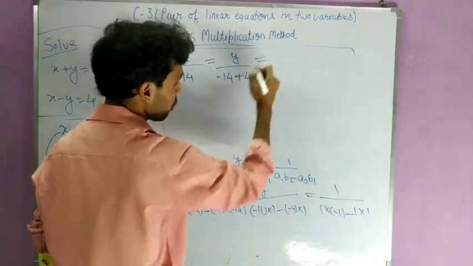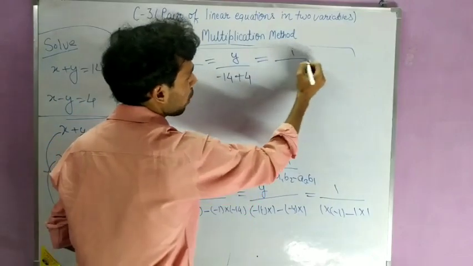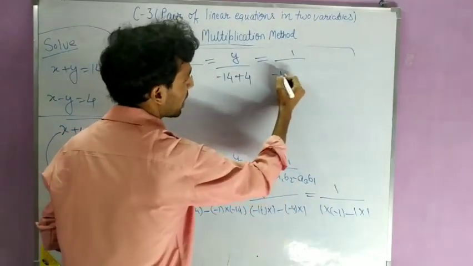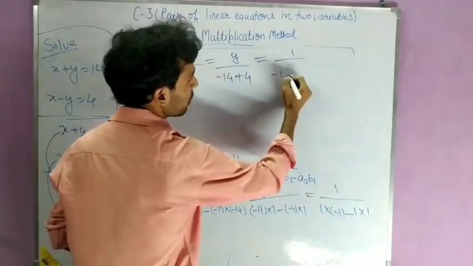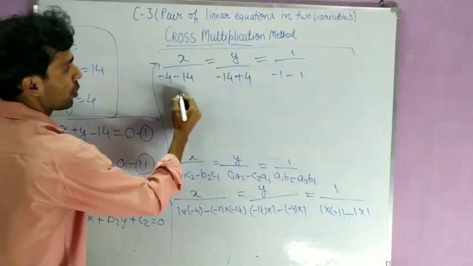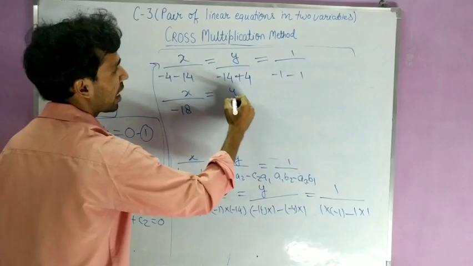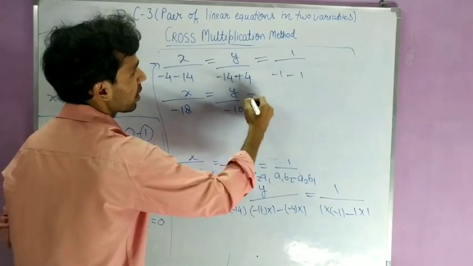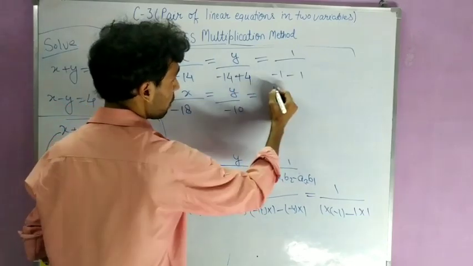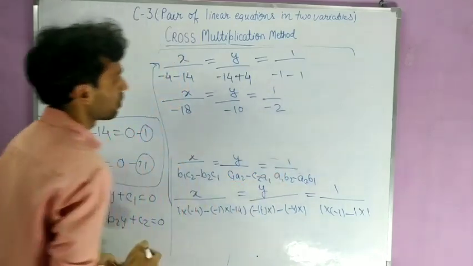Okay, equal to 1 upon 1 into minus 1 minus 1, and 1 into 1 1. So you got x upon minus 18 equal to y upon minus 10 equal to 1 upon minus 2.